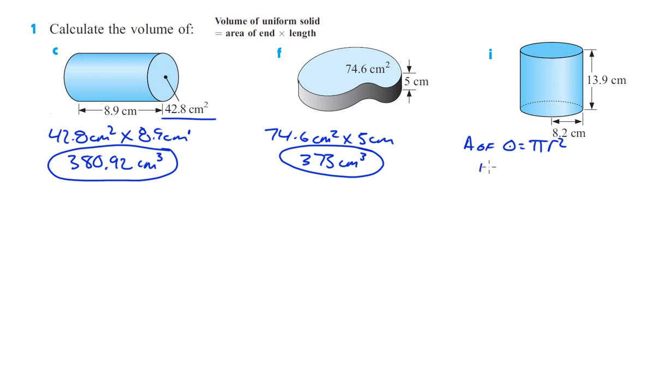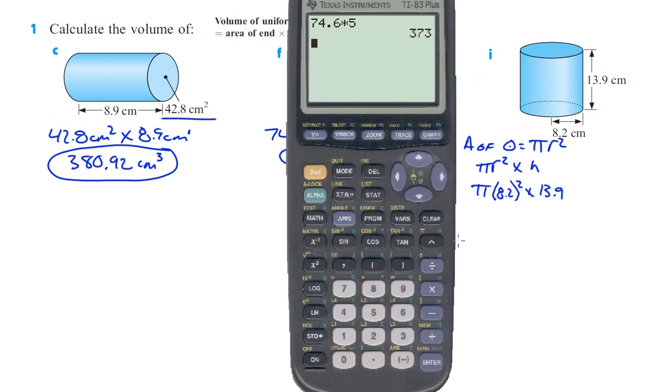So we need to figure out pi r squared, because that's going to be the area of our end, and then multiply it by the height. In this case we have pi times 8.2 squared times 13.9, in centimeters. Let's put that into our calculator.